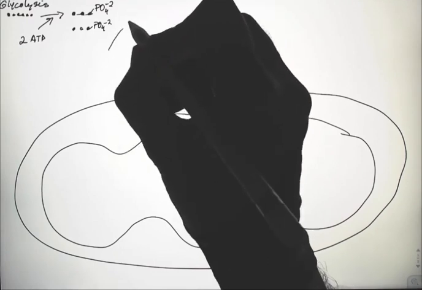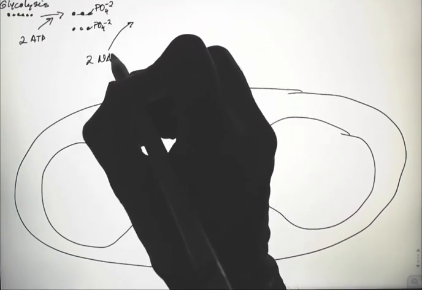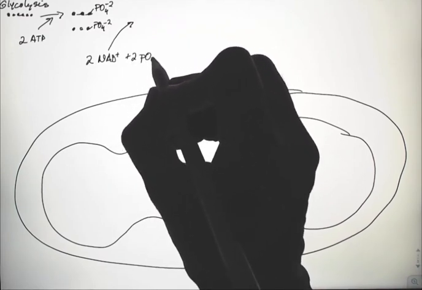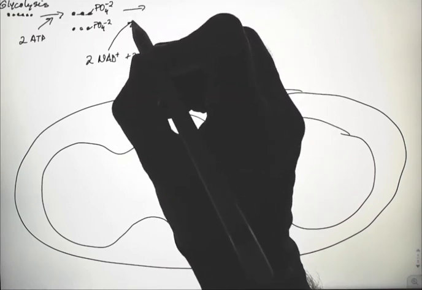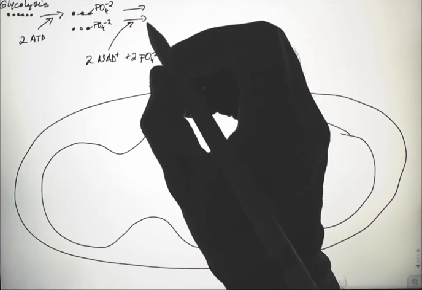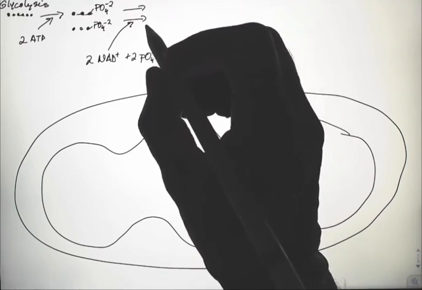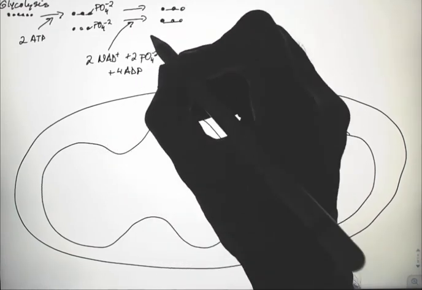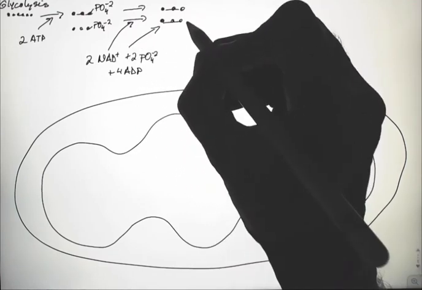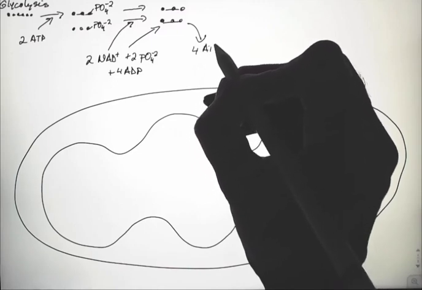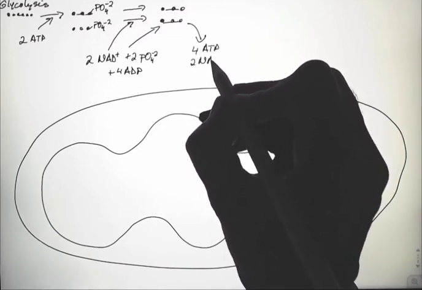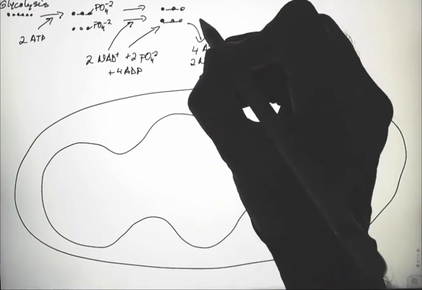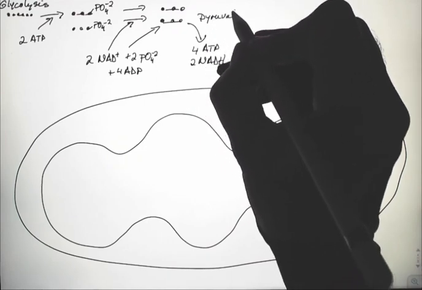In the second half of glycolysis, we take 2 NAD plus and 2 phosphate, along with 4 ADP, adenosine diphosphate, and we remove the 2 phosphates from the 2 3-carbon molecules, and we end up with 4 ATP, 2 NADH, and the 3-carbon molecules are converted to pyruvate or pyruvic acid.